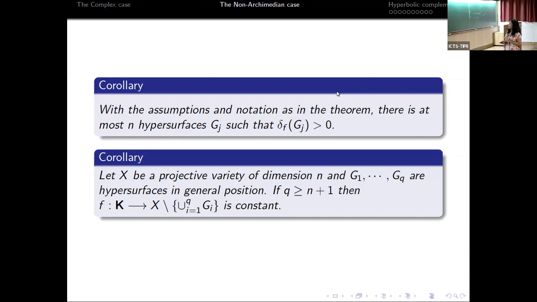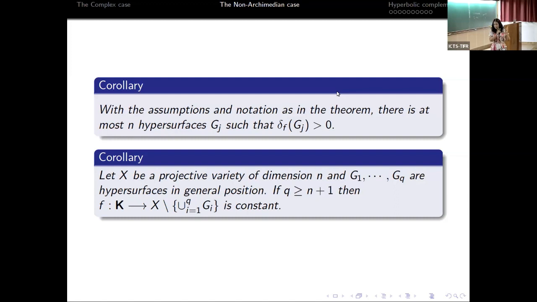And also related to the hypersurface problem, we can prove that if we omit big enough hypersurfaces in general position, then this space has to be hyperbolic in terms of Brody. Yesterday we also listened about hyperbolic, but that was in terms of Kobayashi.